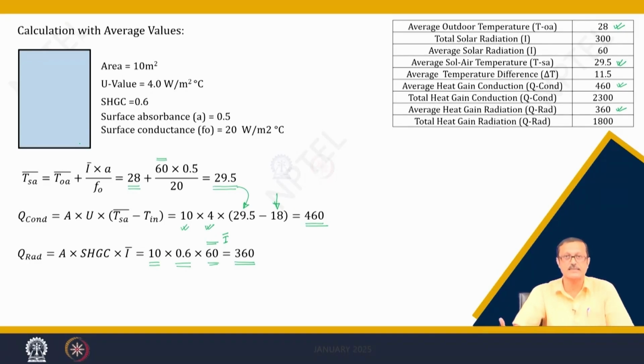Because of periodicity, as we have seen, the total amount of positives and the total amount of negatives are exactly equal. So, if I want the total day load, weekly load, monthly load or annual load, I can go with the average annual temperature and radiation, average month-wise radiation and temperature, and so on.